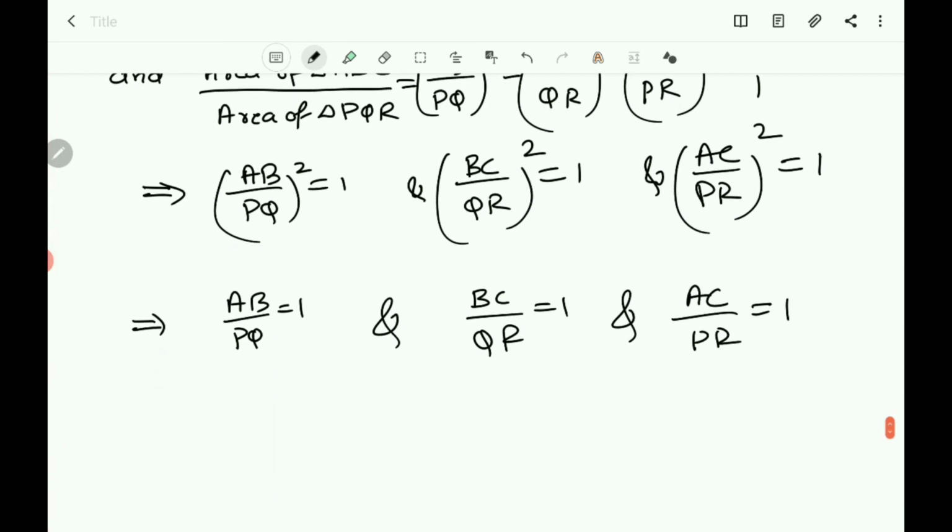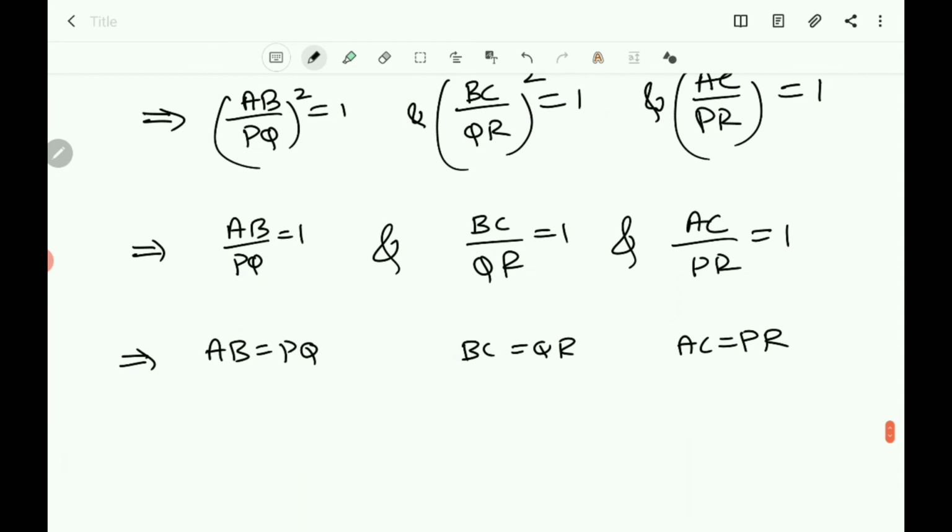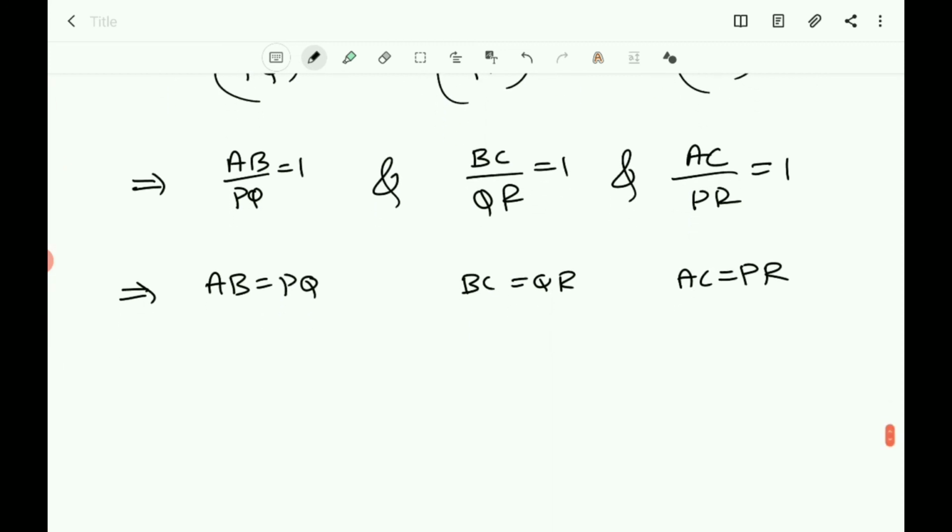Next you know that implies AB is equal to PQ and BC is equal to QR and also AC is equal to PR. So the sides of the triangles are equal, which means they are congruent triangles according to the SSS postulate. You can say that triangle ABC is congruent to triangle PQR.